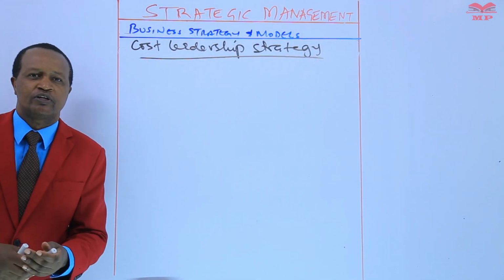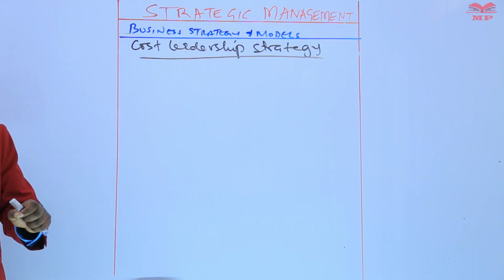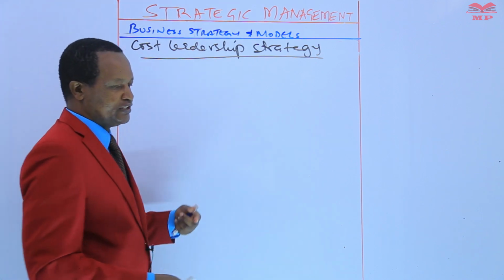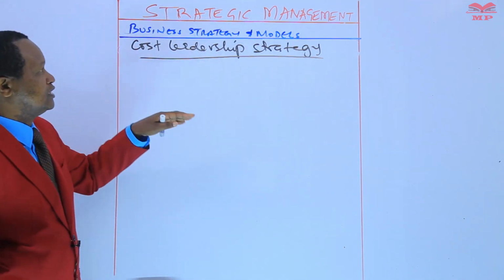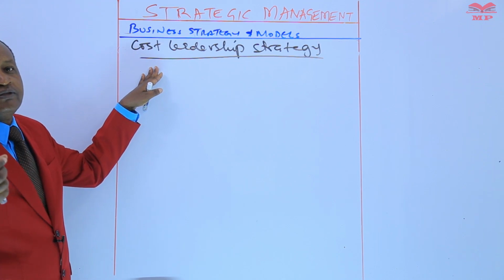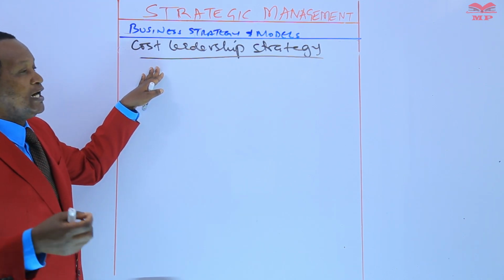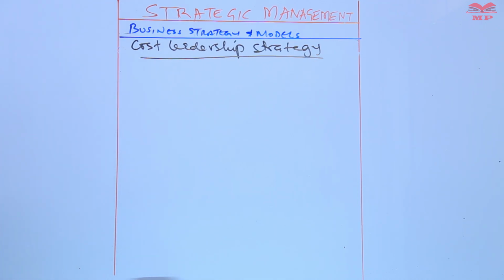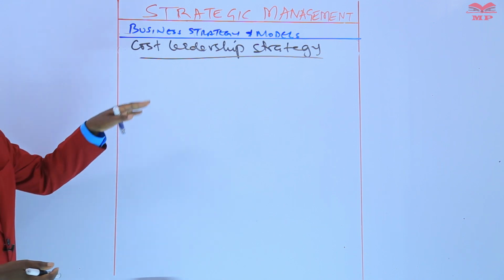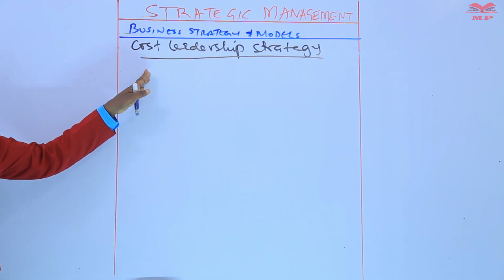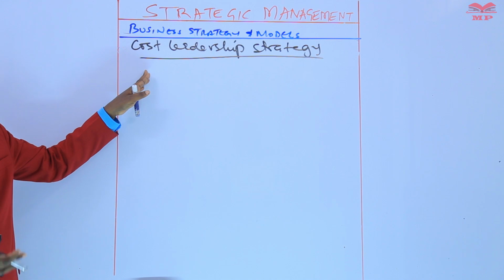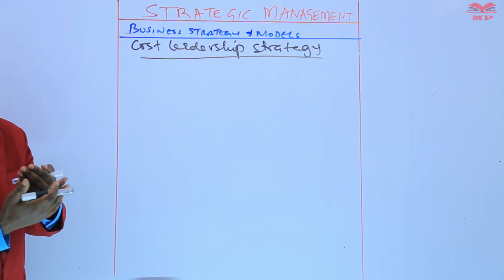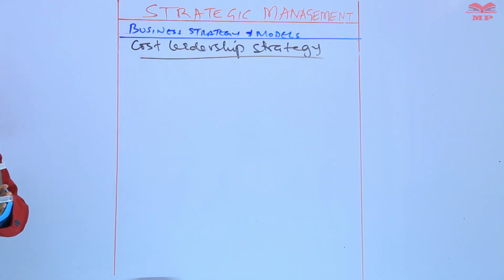One of the most common frameworks for understanding business strategies is Michael Porter's generic competitive strategies, which include the cost leadership strategy, the differentiation strategy, and the focus strategy.